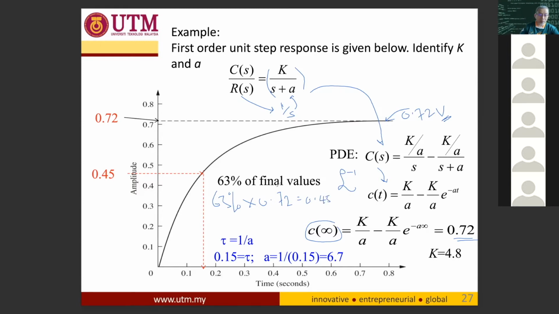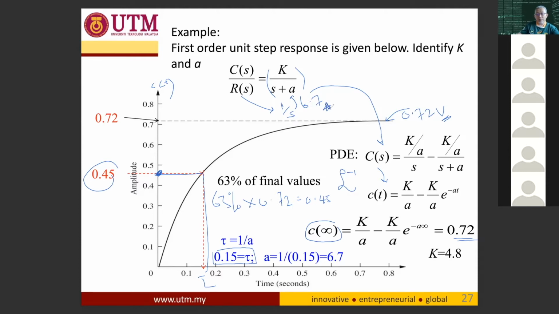So find the 0.45 value at the output. It is here, then use your ruler, tap here and go down. So this is the tau. Tau is equal to 0.15, more or less, by approximation. So A is equal to 1 over tau, which is 6.7. So you already get the value of A, 6.7.